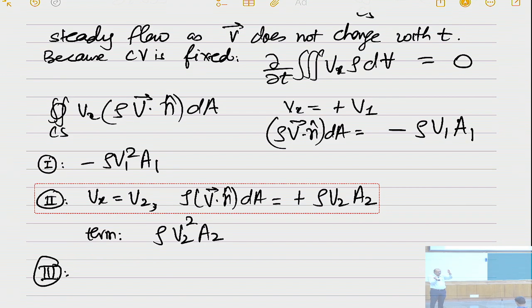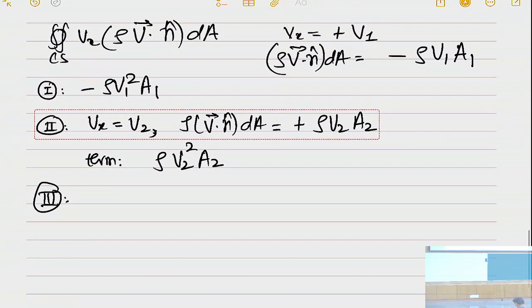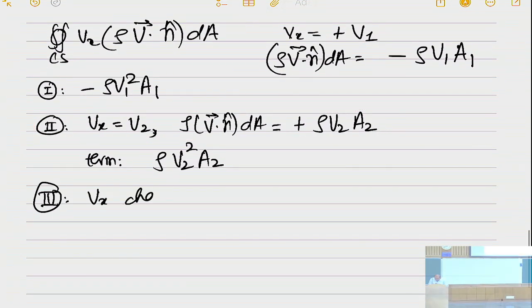Surface 3, Vx is changing, but what is V dot n? Surface 3 is a circumferential surface. So on surface 3, Vx changes with x. So that means probably we have to integrate.